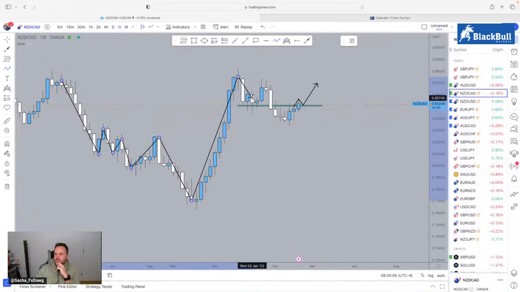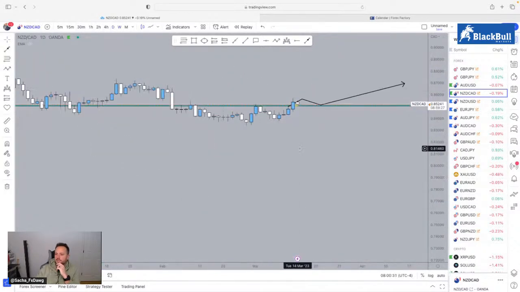Now we form this here and this and this. So it looks like we might want to come down, but we're not bearish until we break that low. So we got a long way to go here. And the cool thing is this is the support that was broken, and now we just broke above. So that's why I'm waiting for that break and retest to the upside. Hopefully that makes sense for you guys.